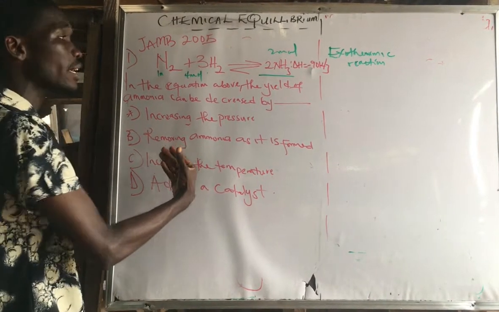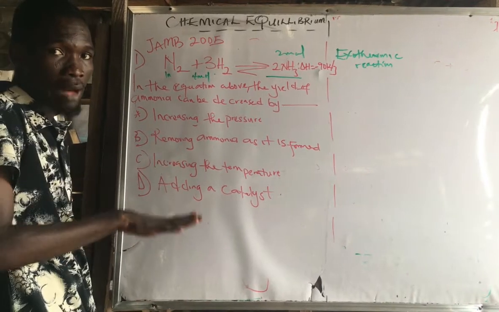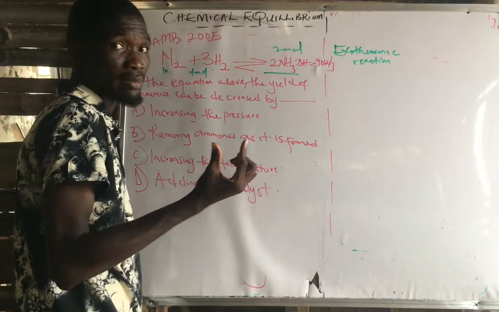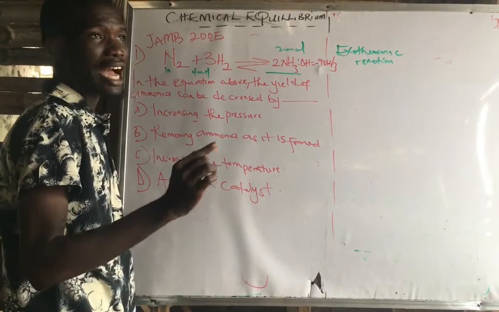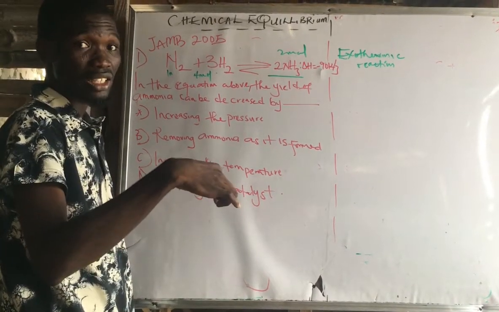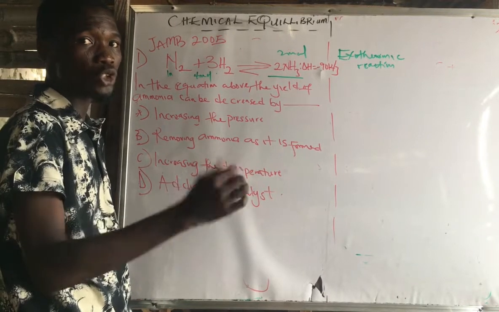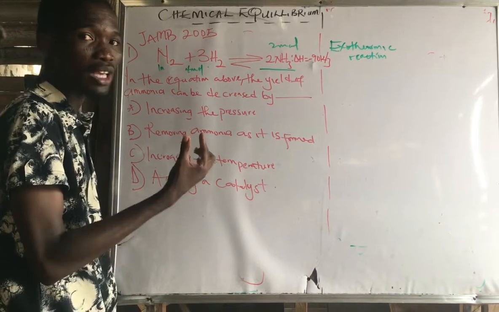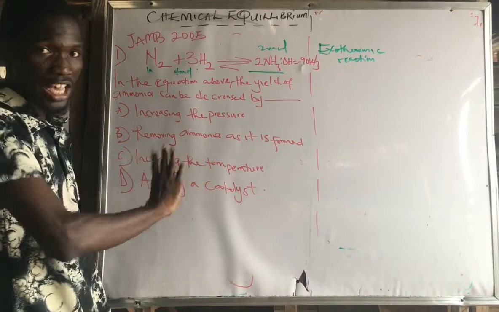So a question like this, you don't have to rush. You have to calm down. You look at this. Don't forget that when I explained time maximization as a Jambite, I said you have to think and pick your answer in just 30 seconds. So if you have understood the concept of equilibrium, then your answer is very simple.